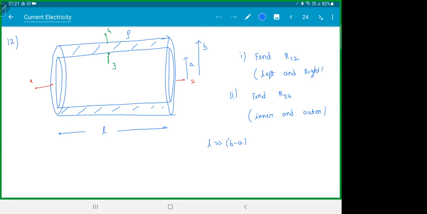See the first one. How is the current flowing in the first part? The formula for resistance is rho L by area. L is the length along the flow. A is the area perpendicular to the flow. So this is rho L by pi into the area, which would be B square minus A square. Straightforward answer, isn't it?